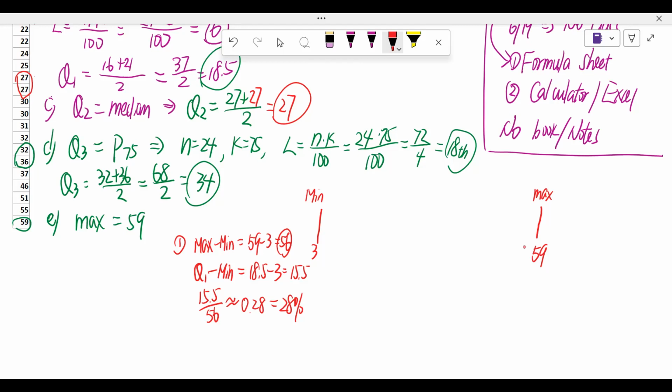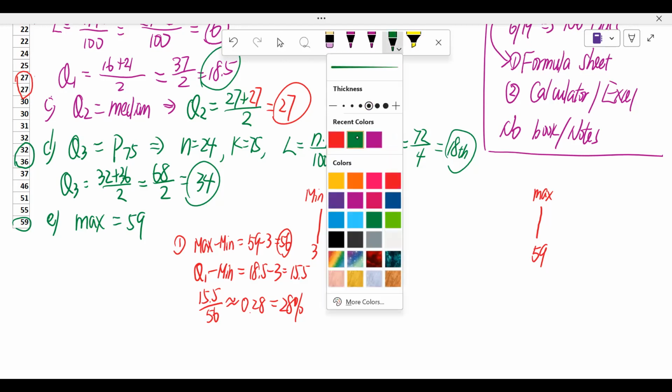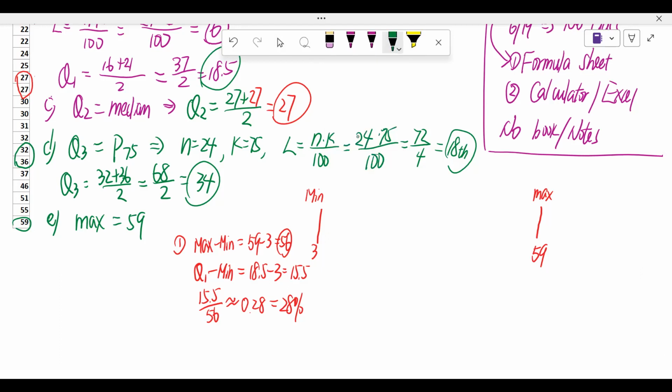So now we can draw it. Use a different color, just in the middle. Let's draw a dashed line here between those. Professor, can we do it like not 28%, like 30%? No, we can't. It has to be approximately right. If you round it to 30%, it's a little bit too much.